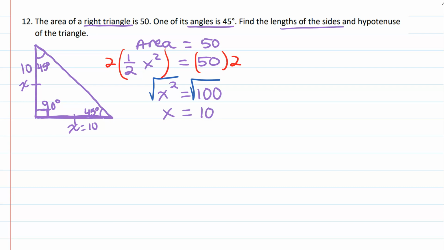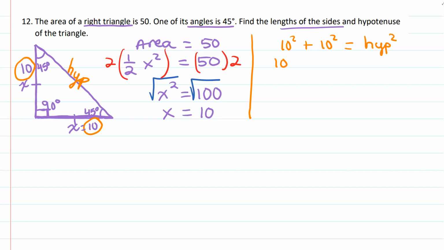And then the hypotenuse, how do we find the hypotenuse? Do we need to use trigonometry here, or can we just go ahead and use Pythagorean Theorem? And you are right. We know two sides, and we are looking for the hypotenuse. So we can just go ahead and use Pythagorean Theorem. 10 squared plus 10 squared, like a squared plus b squared, equals the hypotenuse squared.